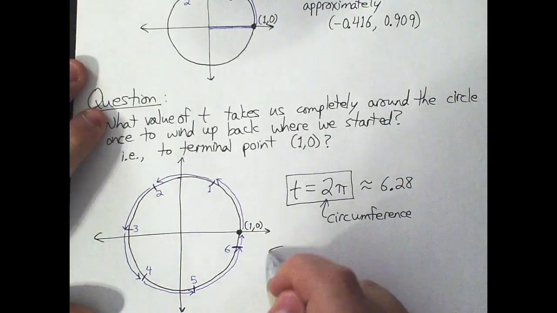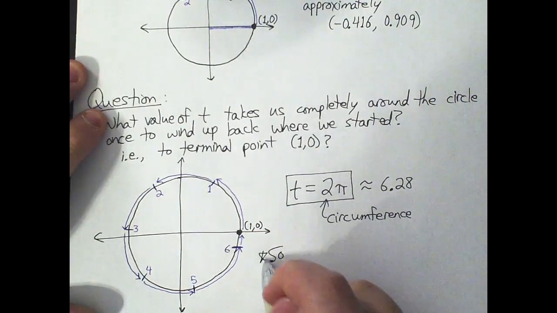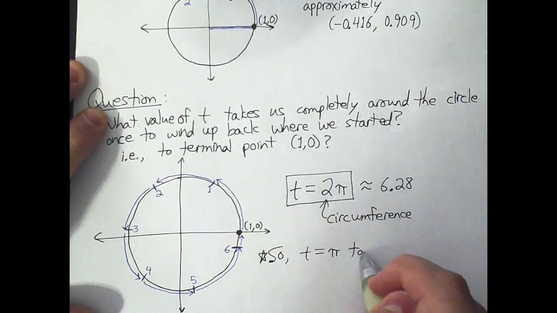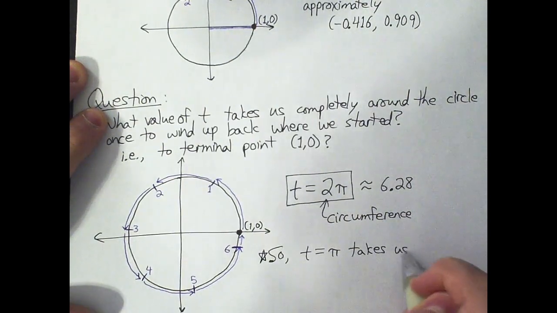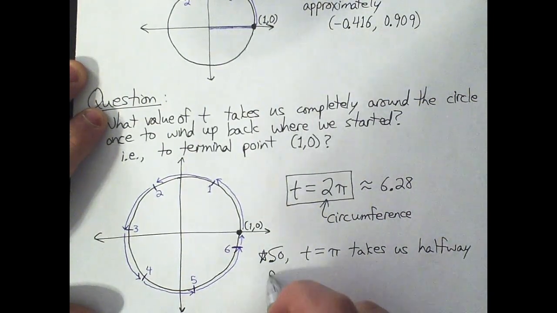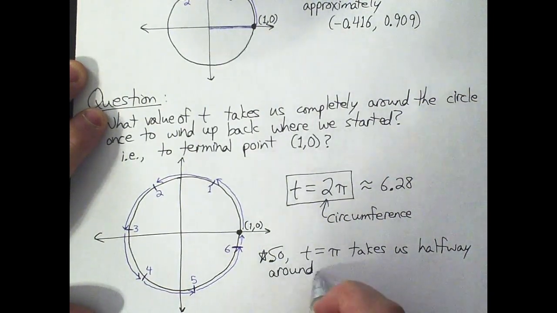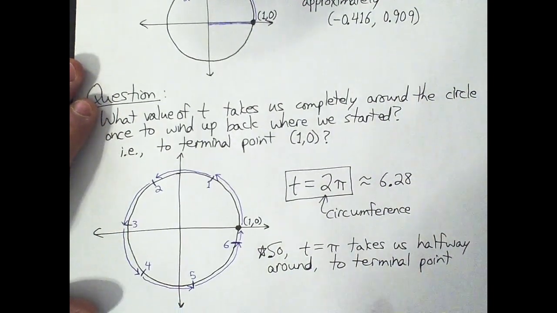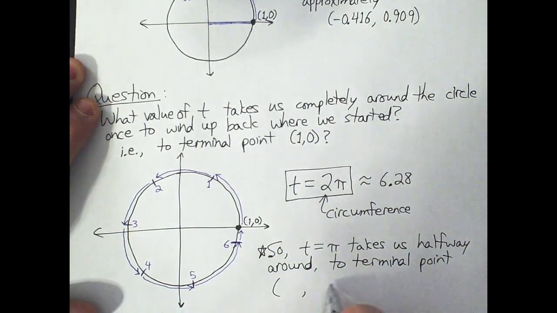So we could also say that t equals pi takes us halfway around, right? To the terminal point. What would the terminal point be if we went halfway around? Something, something.